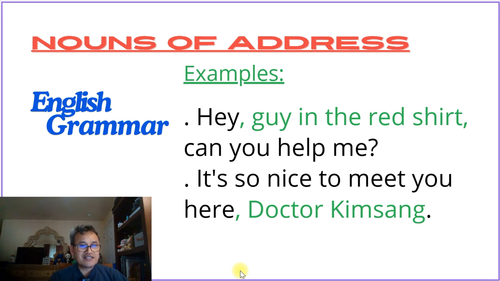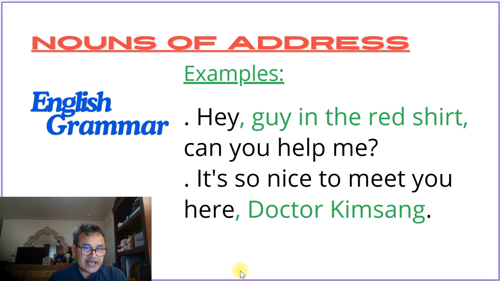So it's very short, but you gotta be clear that in order to use a noun of address, you gotta separate it from the rest of the sentence by a comma. When we use it at the beginning of the sentence, we use a comma before we continue our sentence. When we use it in the middle of the sentence, we have to put the noun of address between two commas.